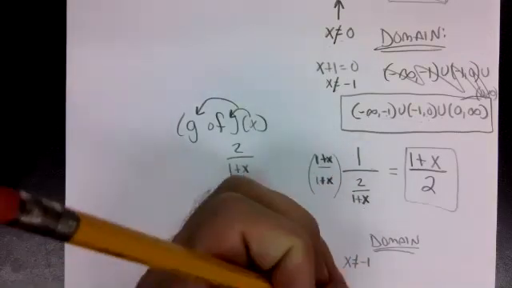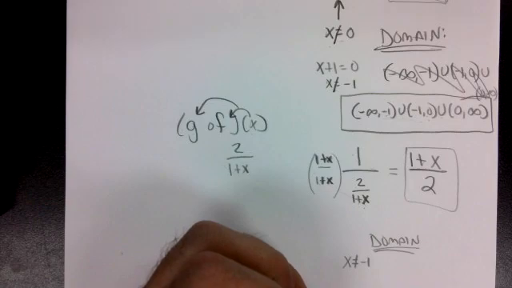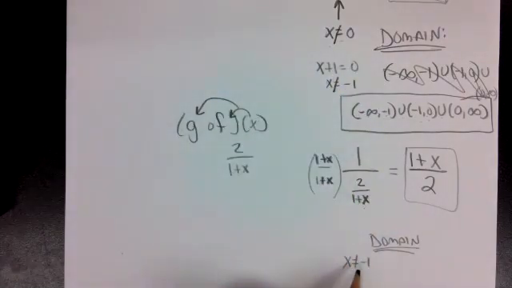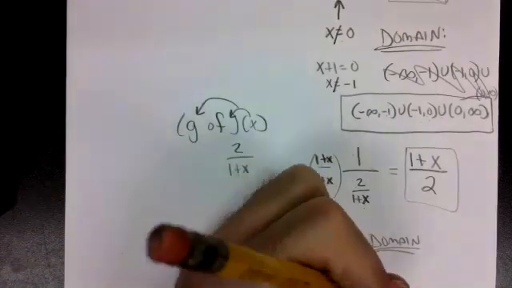And then we do still have to eliminate, no, in this case, we don't have to worry about that. Okay, so as long as we eliminate the negative 1, that's the only one we have to eliminate.